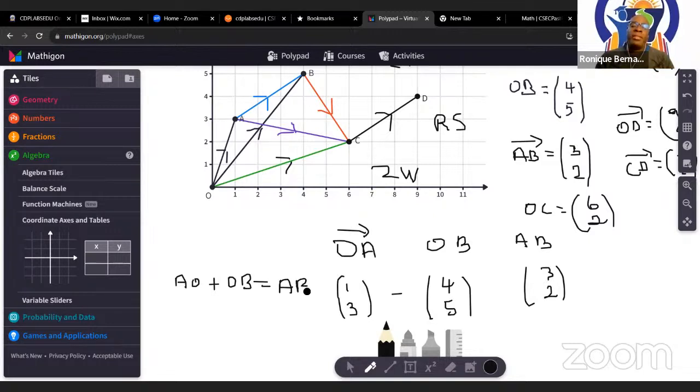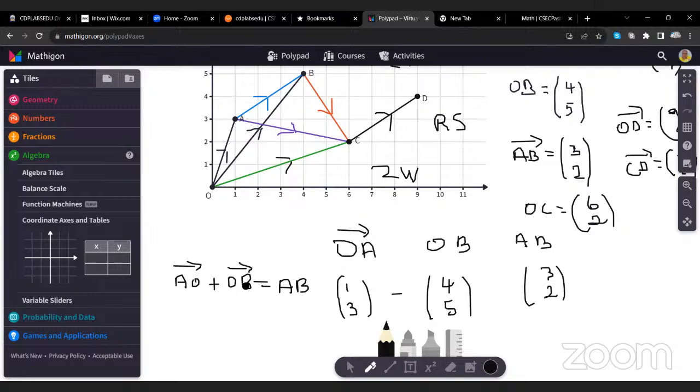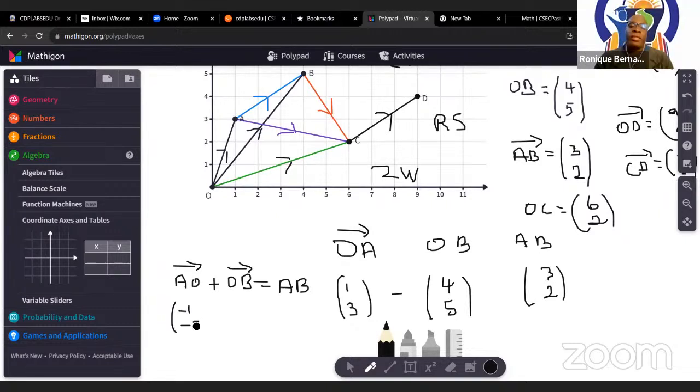The problem is it was taught before, but you don't remember. So AO becomes negative 1, negative 3, plus OB, 4, 5, and now you can add them: negative 1 plus 4 gives you 3, 2. That's what I call the vector method.